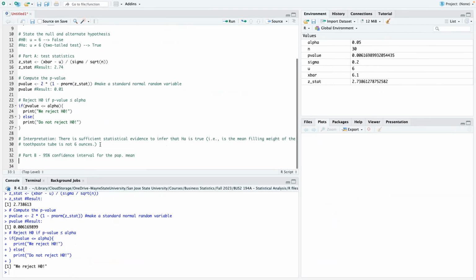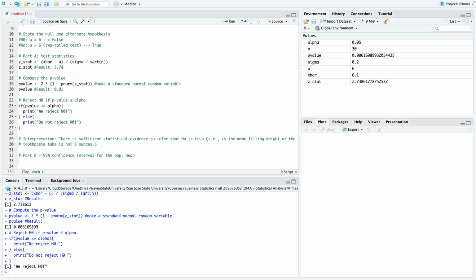So I always see the confidence interval as some sort of check to help us determine if this result we got here that says we reject H naught is actually correct or not, right?